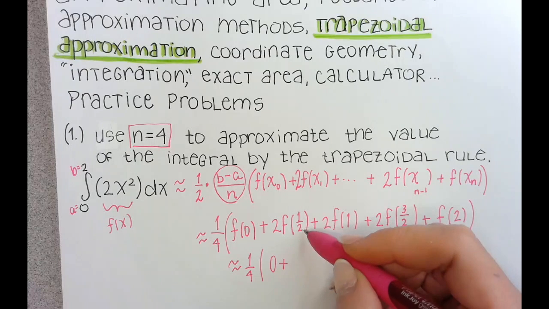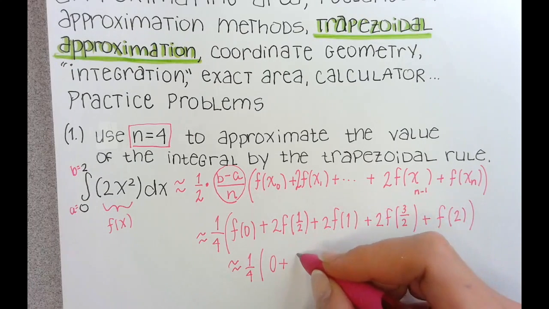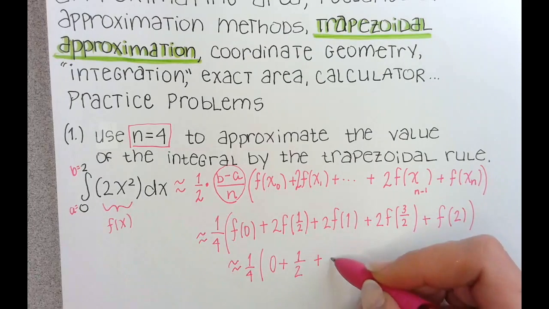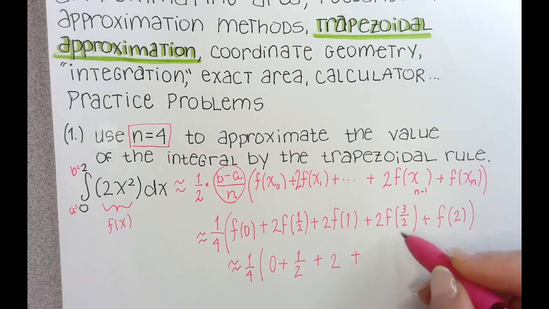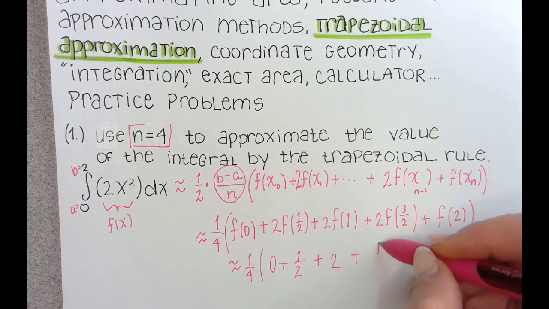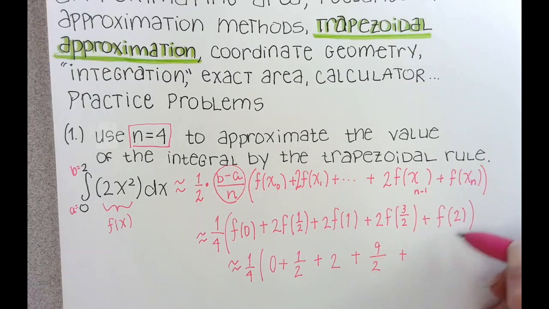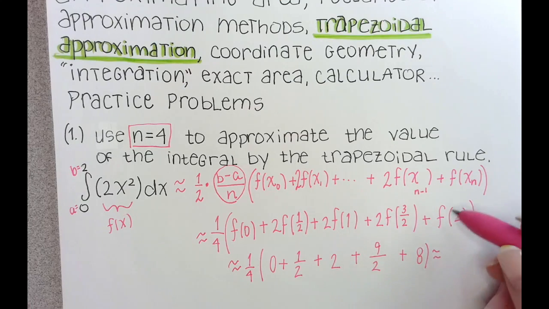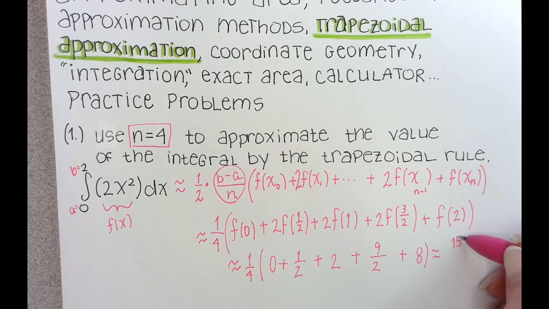F of a half, 1/2 squared is a 4th, 1/4 times 2 is 1/2, plus, plugging in 1, 1 squared is 1 times 2 is 2, plus 3 halves squared is 9/4, times 2 is 9 halves, plus 2 squared is 4 times 2 is 8. 9 over 2 plus 1 over 2 is 10 over 2, which is 5. 8 plus 2 is 10. 5 and 10 is 15. So 15 over 4. That's my approximate area.